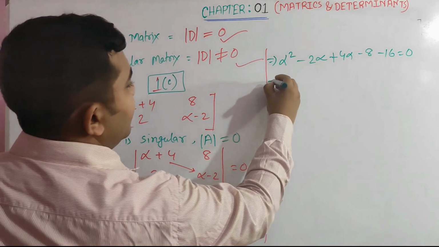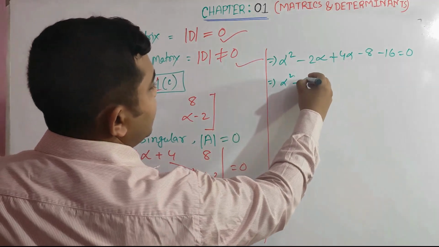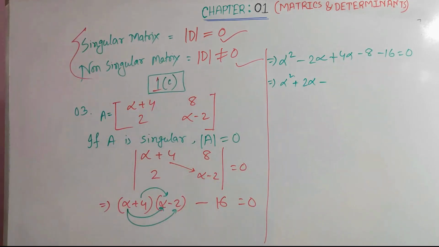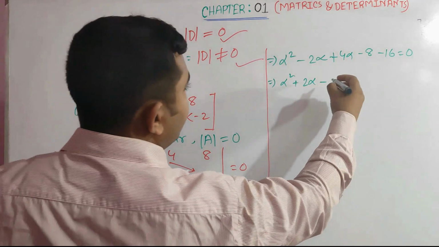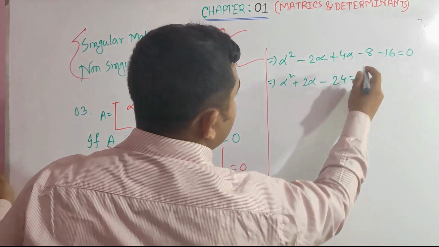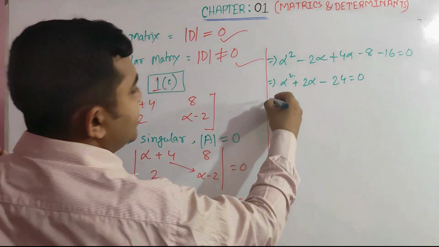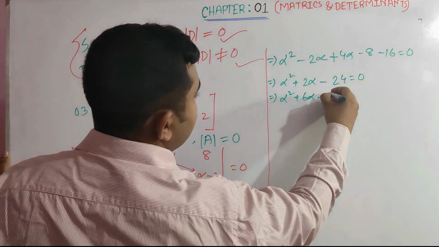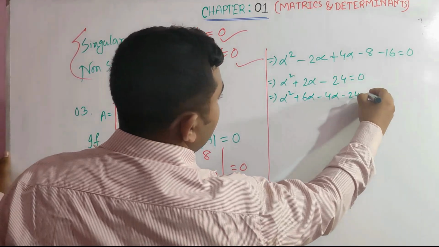So here alpha square plus 2 alpha minus 16 minus 8, it should be 24, so minus 24 equals 0. So 24, it is 6 and 8, alpha square plus 6 alpha minus 4 alpha minus 24.